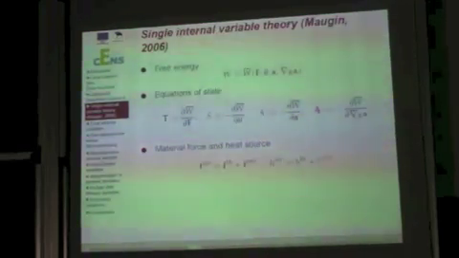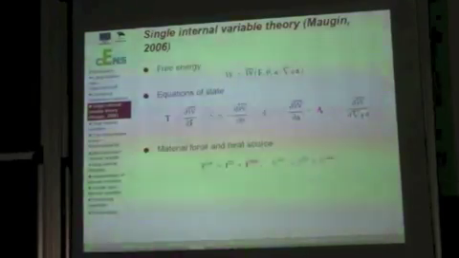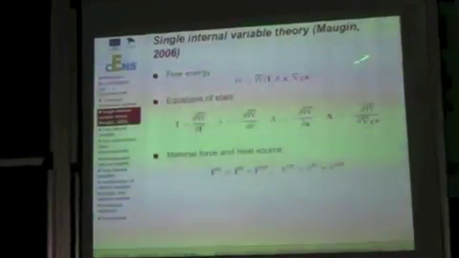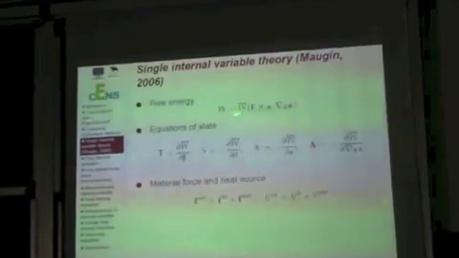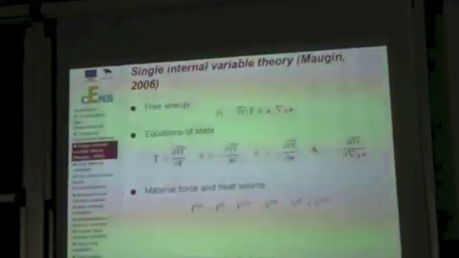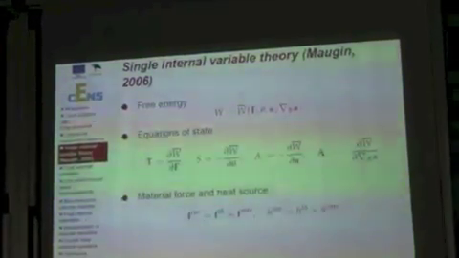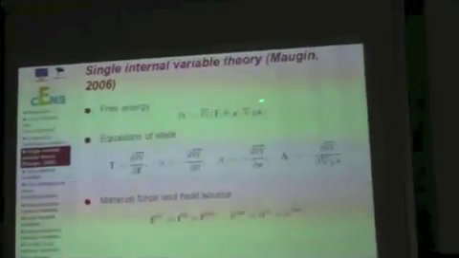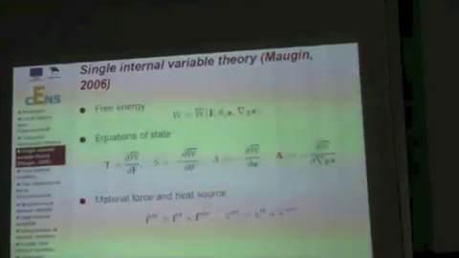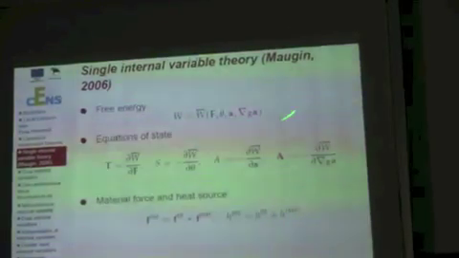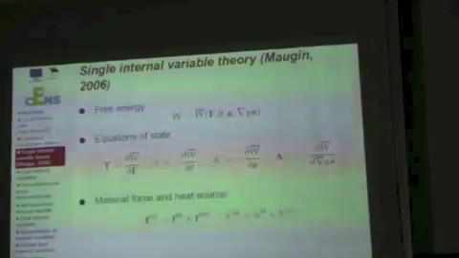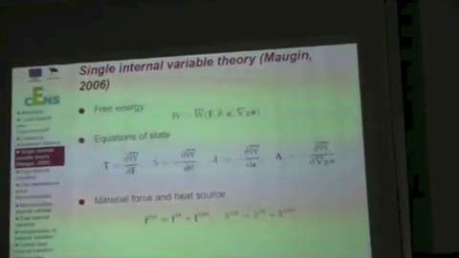single internal variable theory. What is different from the standard theory is the dependence of the free energy function not only on the deformation gradient and temperature, but also on some kind of internal variable, and for weak non-locality we apply also the gradient of this internal variable.